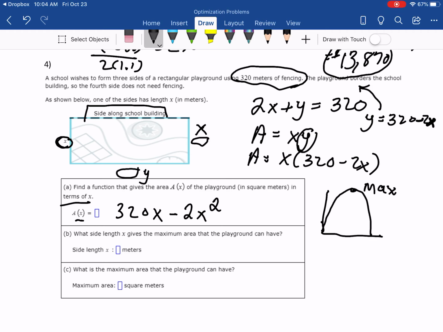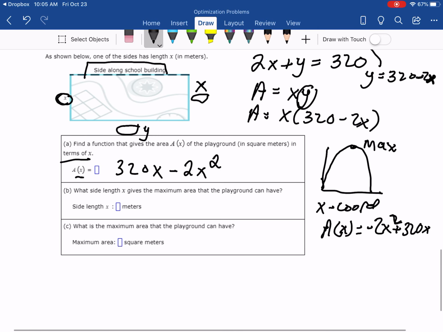All right, so let's get the vertex, the x-coordinate. It's helpful to rewrite this, writing it in the proper form. So it'd be A of x equals negative 2x squared plus 320x.